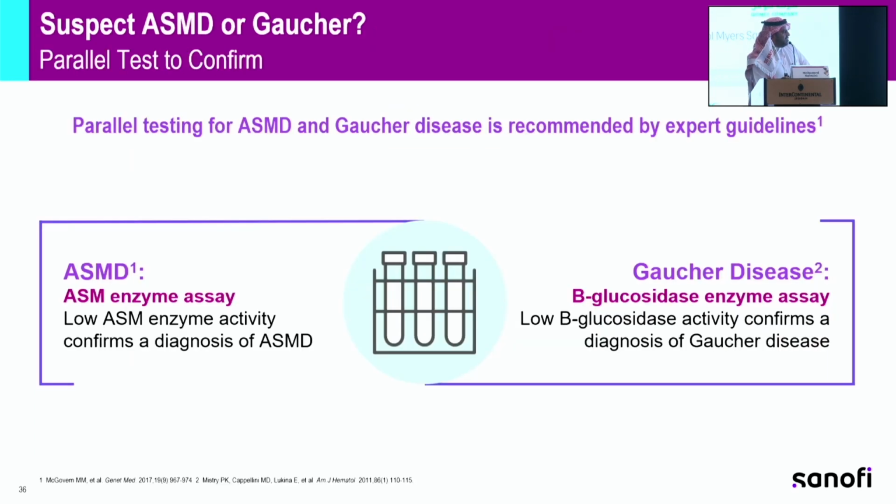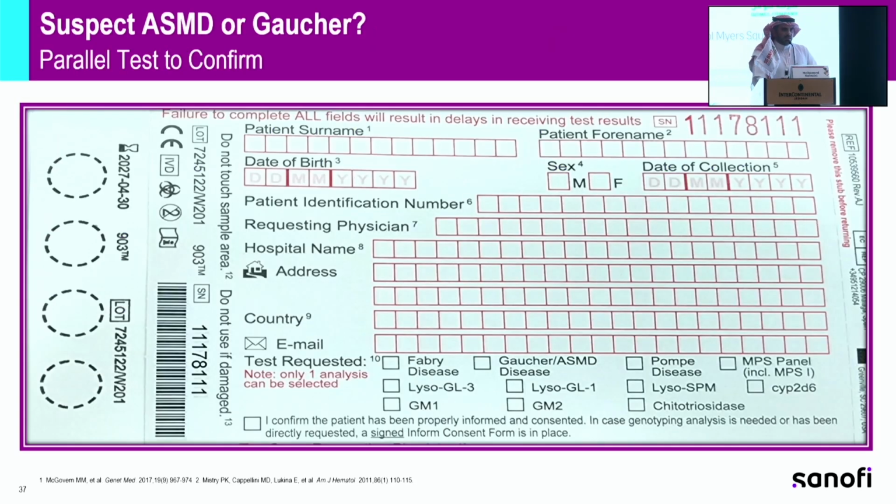The test is very easy. This is the card, and you will see at the bottom Gaucher and ASMD. You just need to put a drop of blood to test for enzyme activity. If one of the enzymes is low, confirm it by genetic test.